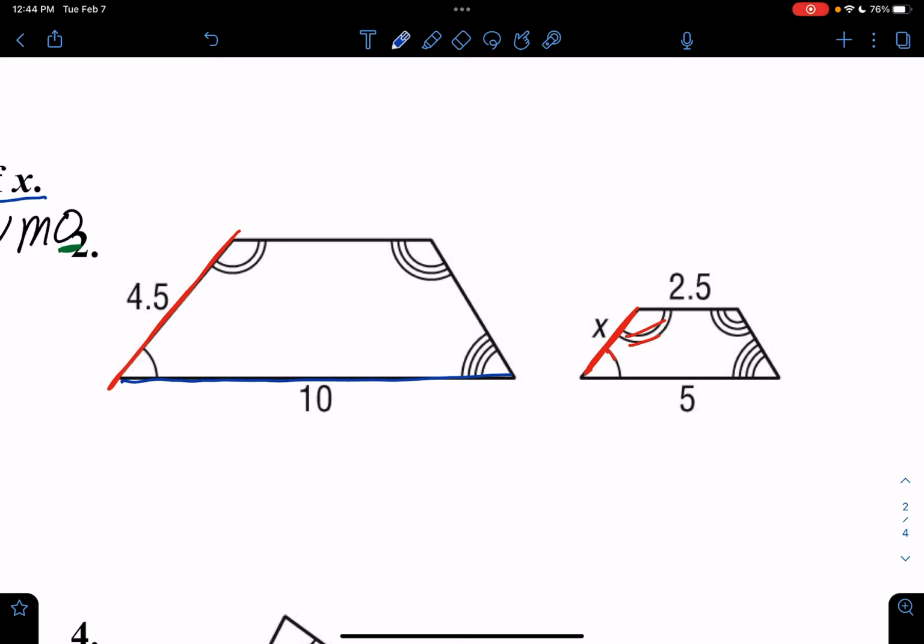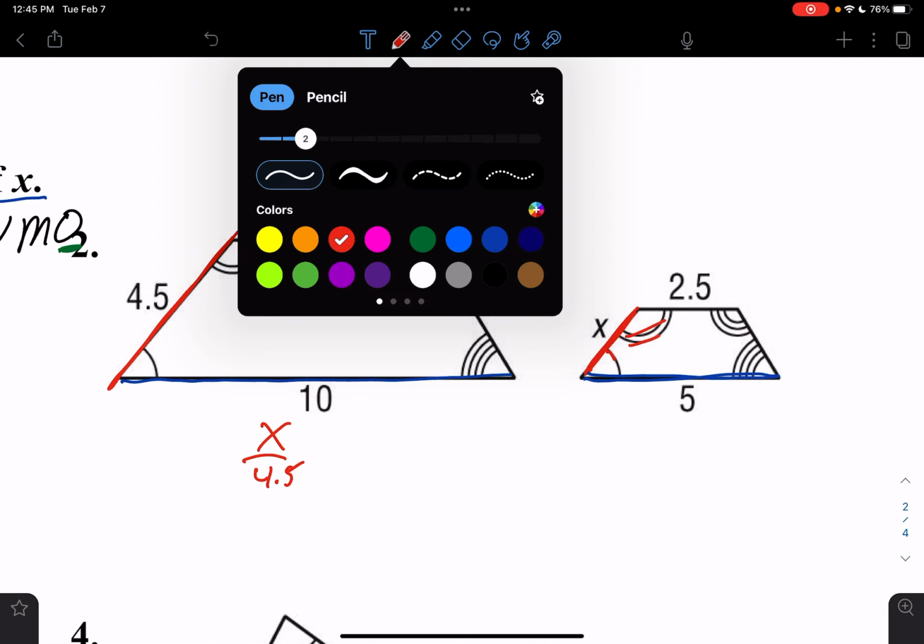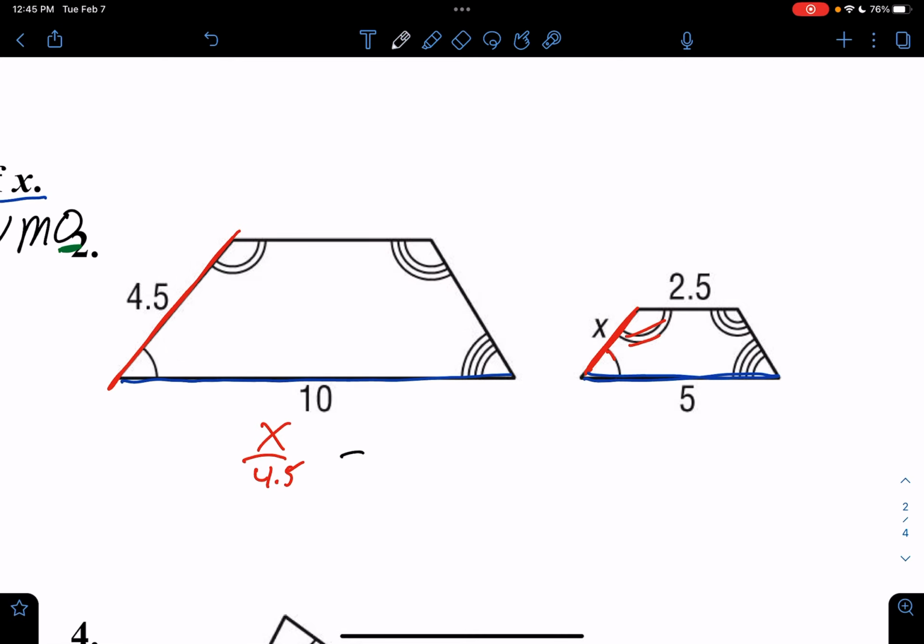The 10 is in between 1 marking and 4 markings, so right here. So now I can say, X is to 4.5 just as, sorry, I wrote it backwards, just as 5 is to 10.